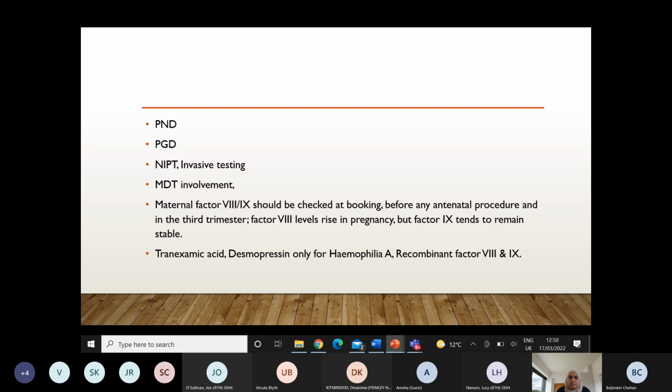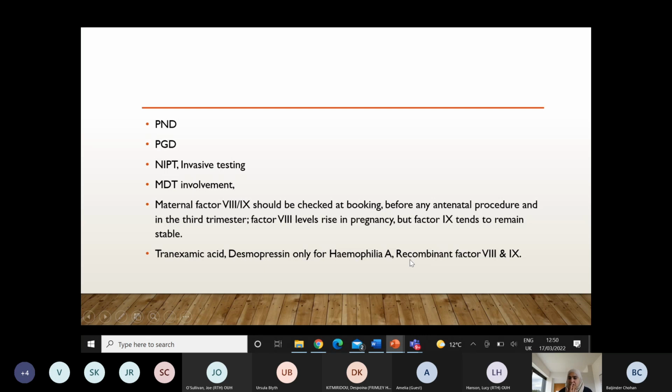And so they are managed in conjunction with the tertiary level, which for us is Oxford, and male fetuses are delivered at tertiary level as well. If they have a female fetus, then we can deliver them in the local units, depending on the factor 8 levels.